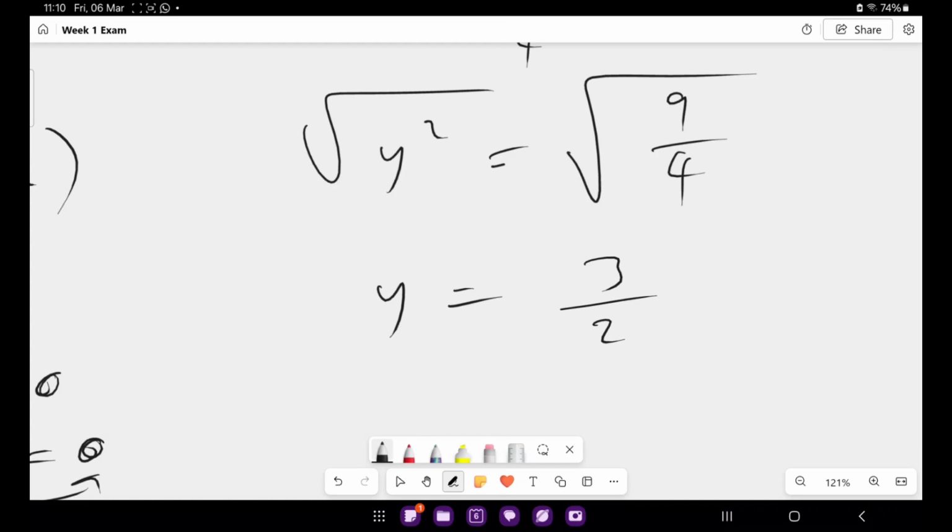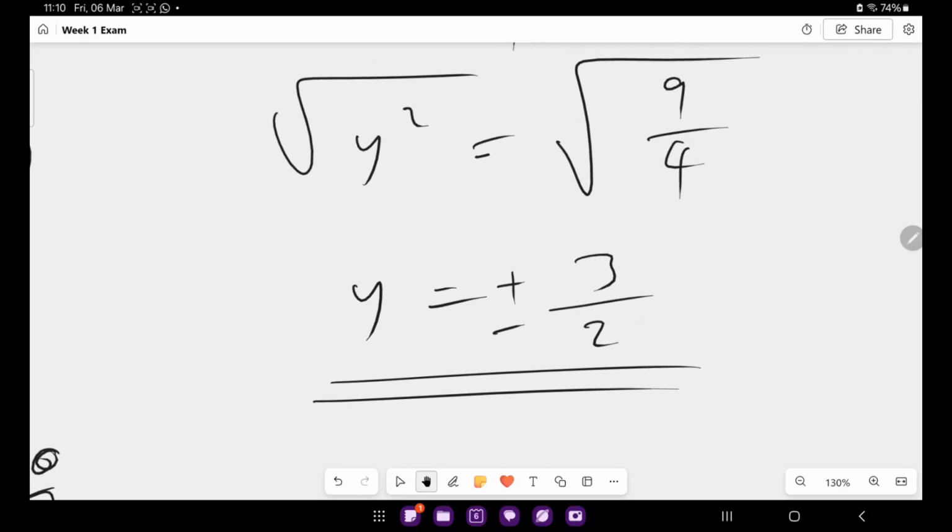If that is your answer, it's actually half correct and half wrong. Why? Because it's not necessarily 3 over 2, but it's plus or minus 3 over 2. So what does this mean?